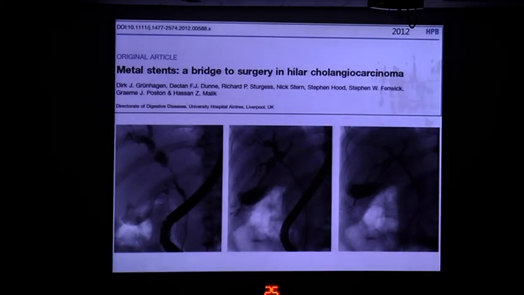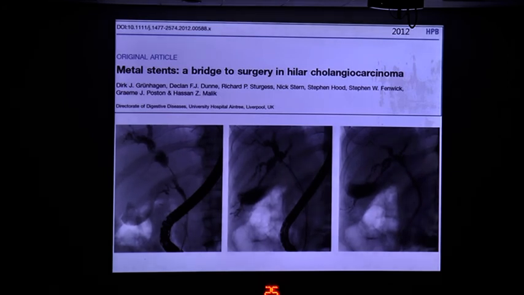And second, you know that in low bile duct obstruction, like pancreatitis, now there is no routine biliary drainage. However, recently metal stents were introduced. Metal stents have some advantage compared to plastic stents. They do not have stent-related failure and complications.